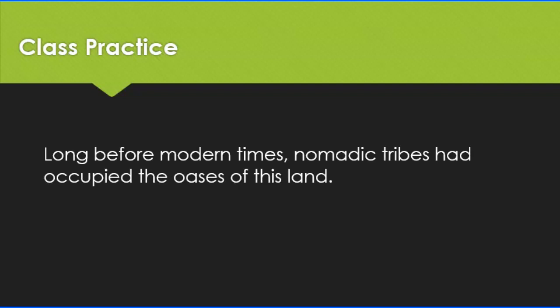All right, number 6: long before modern times, nomadic tribes had occupied the oasis of this land. Well, now we have the word had popping in. So we have had and occupied with an ed after it, so we are going to assume that this is past perfect. So there's the had, that's your clue word, and the occupied is past tense, so past perfect.